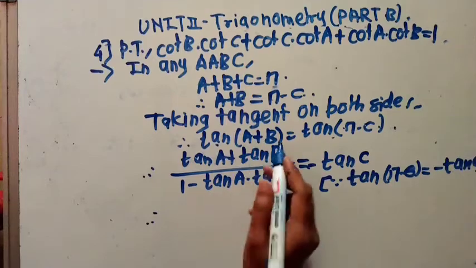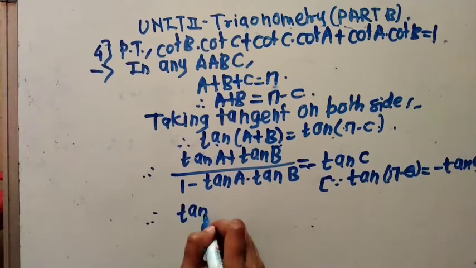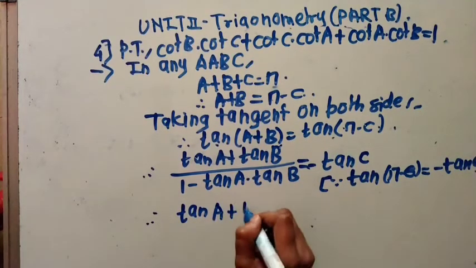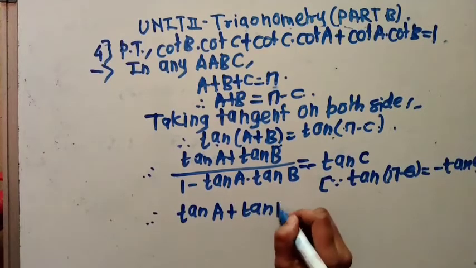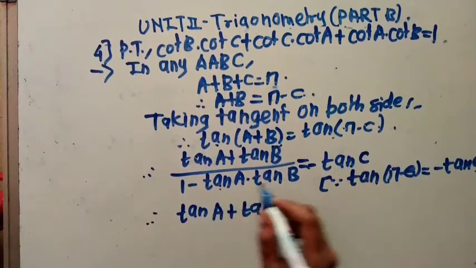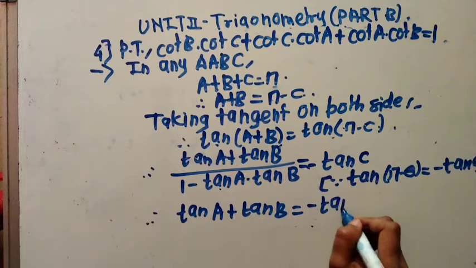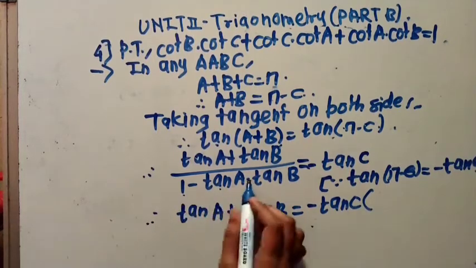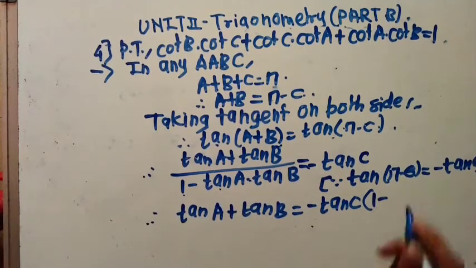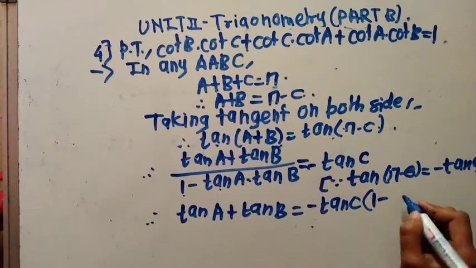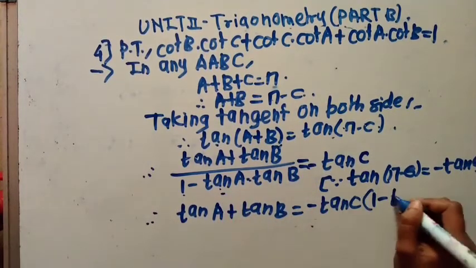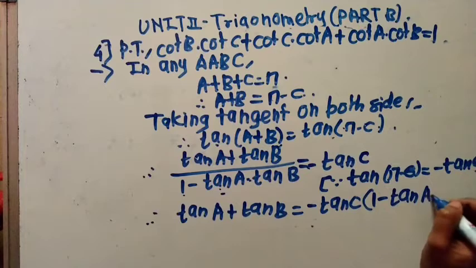Then here tan a plus tan b, then this and this multiplied, so −tan c in bracket 1 − tan a into tan b.